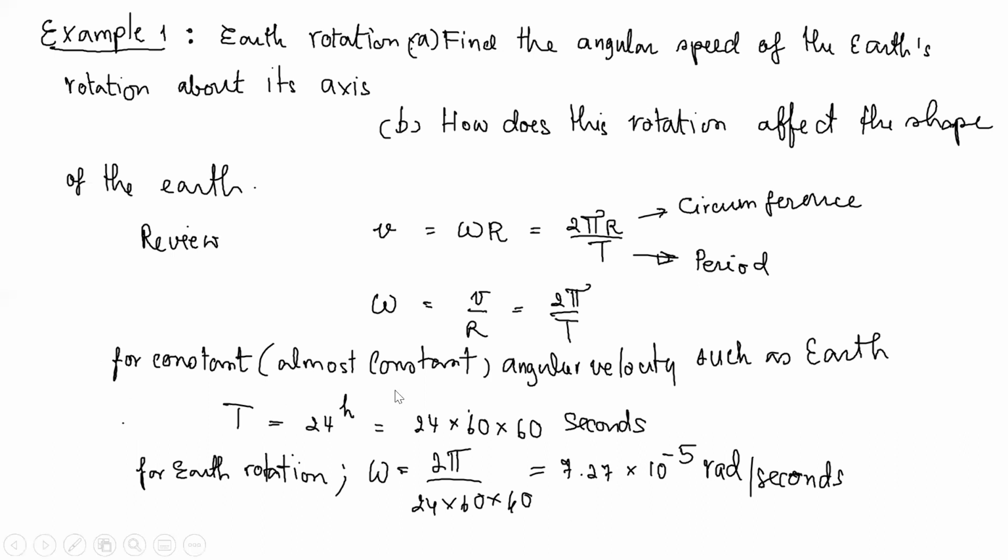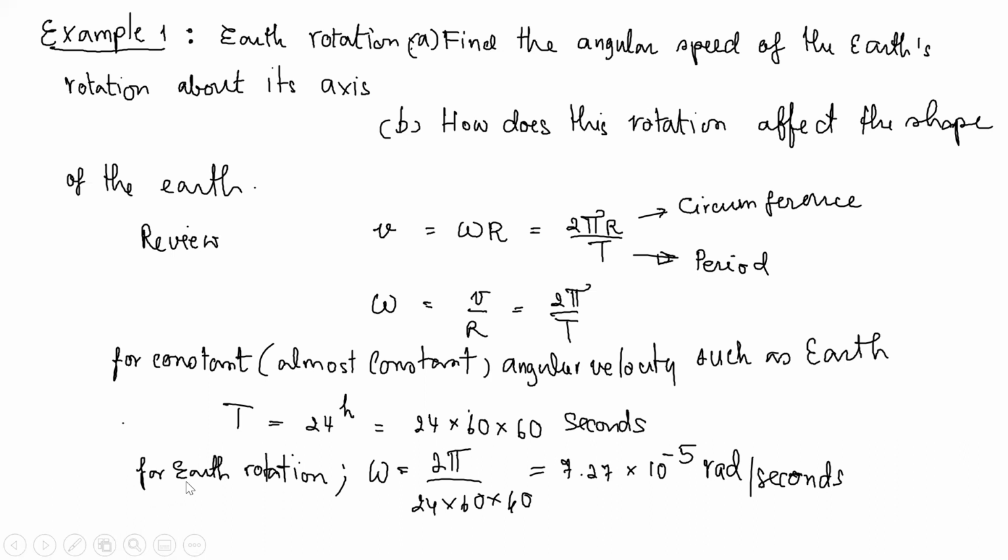Now, this is quite a discussion because we have the relation that v equal to omega r, or 2 pi r over t. The angular speed of the Earth is v over r, or 2 pi over t. So the angular velocity of the Earth is one complete 2 pi radians in 24 hours, or the period of rotation of the Earth is 24 hours times 60 times 60 seconds.